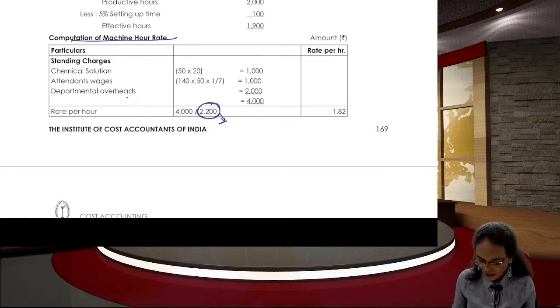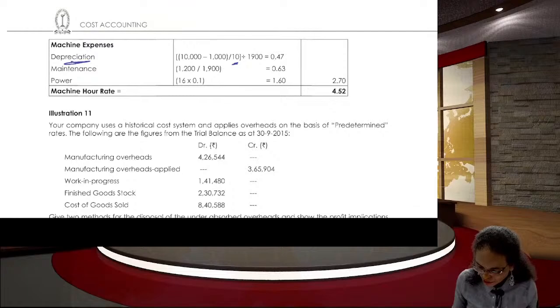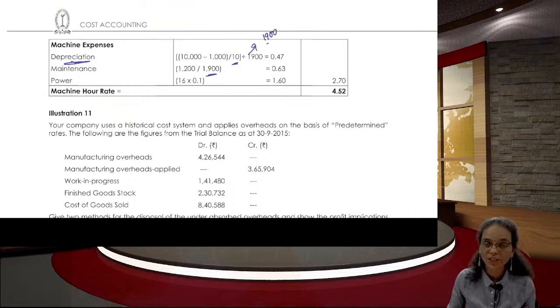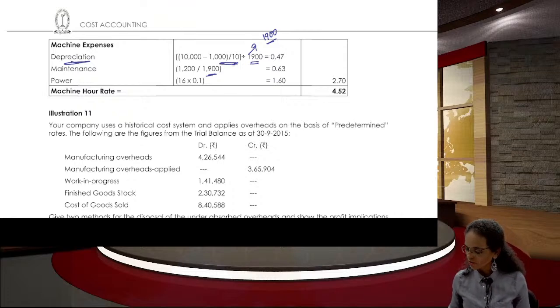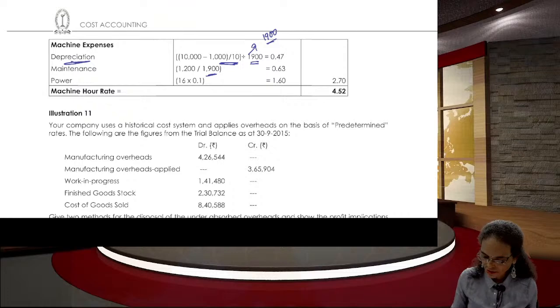Only for the variable portion you take the actual practicable hours, that is 1900 hours, the effectively producing hours. So here you take 1900 only. If you calculate 10,000 minus 1000 divided by 10 years divided by 1900 hours, it is nothing but 0.47.